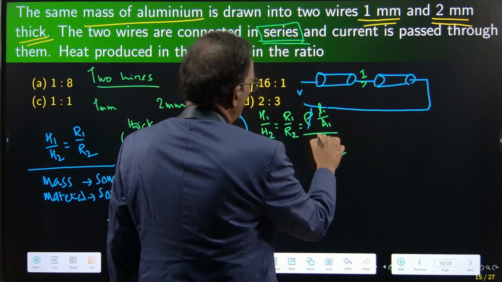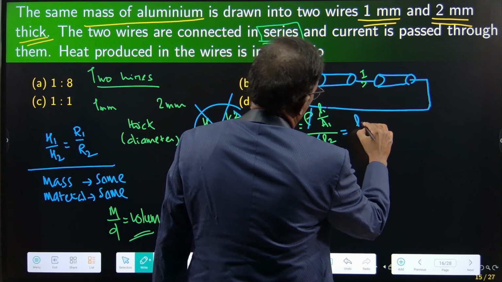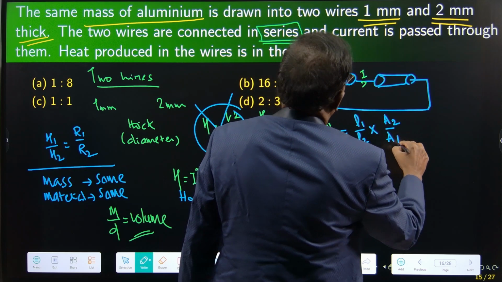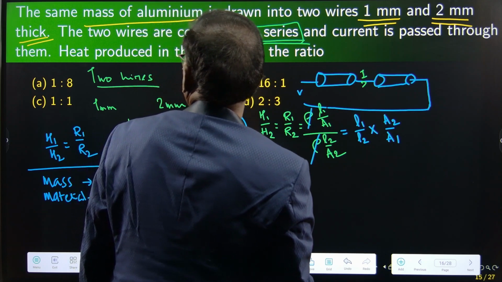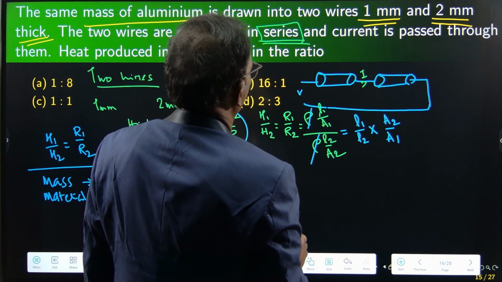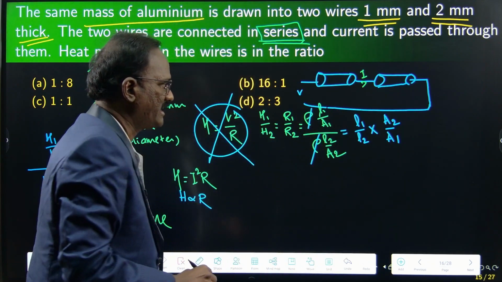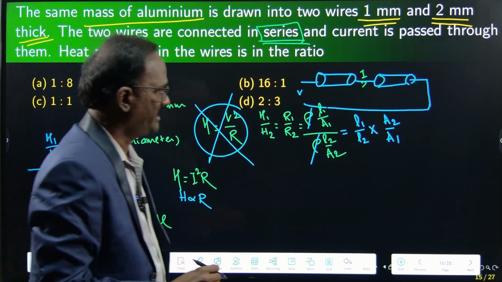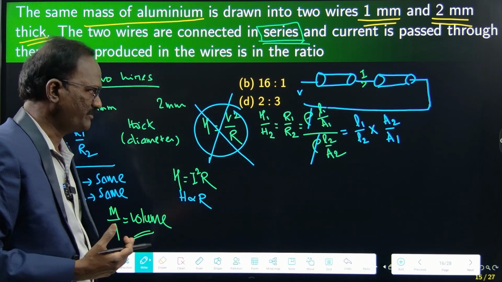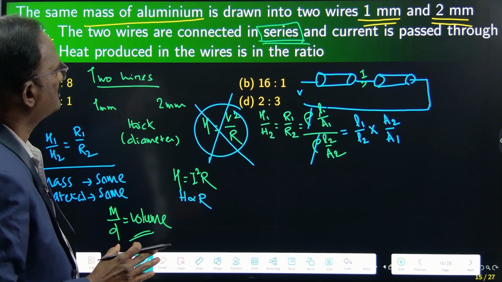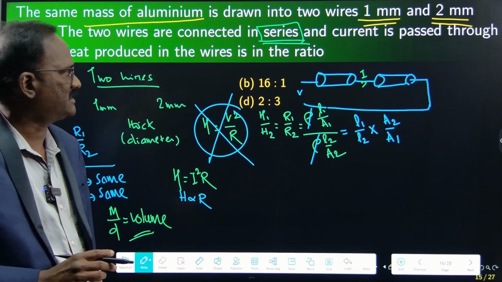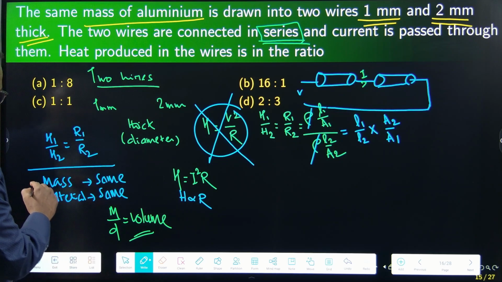The rho is removed, so this is L1 by L2 into A2 by A1. Here the thickness is given, which affects the area value. But no hint about L1 by L2 is directly given about the lengths, but this point is important.